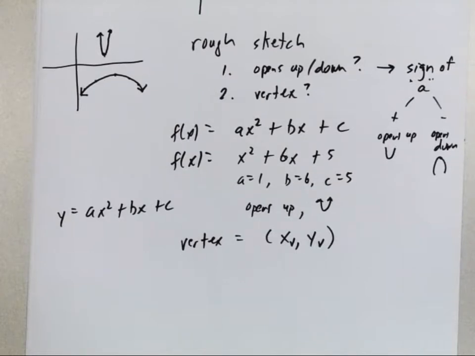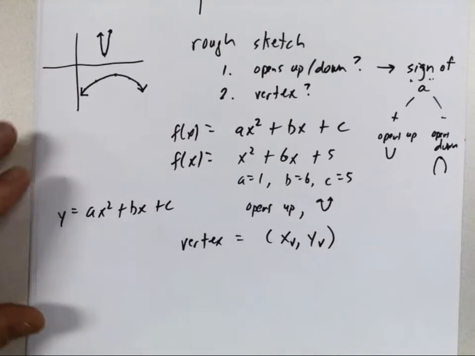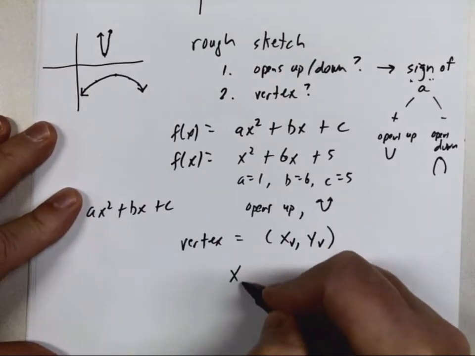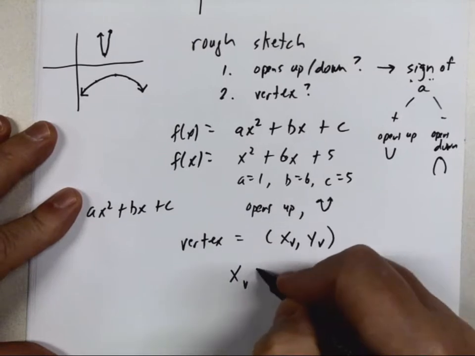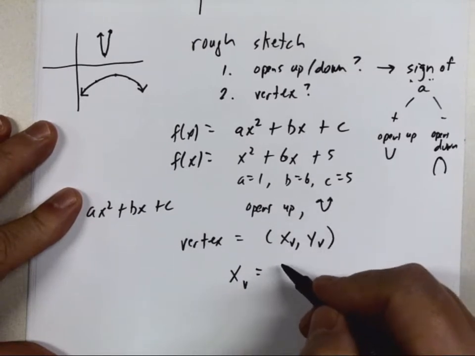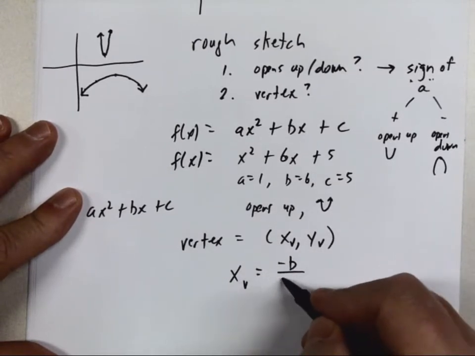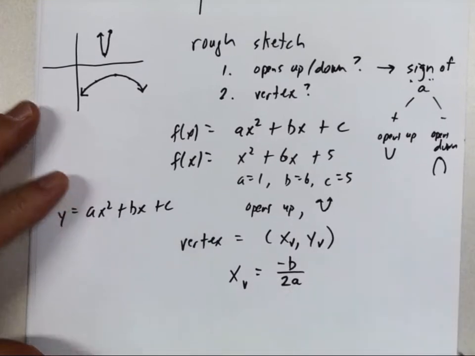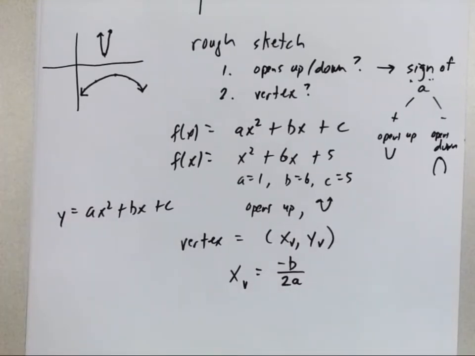And the y of my vertex, I'll call y sub v. And the nice thing is, we have a little formula for the x of the vertex. And what it is, it's negative b over 2a.